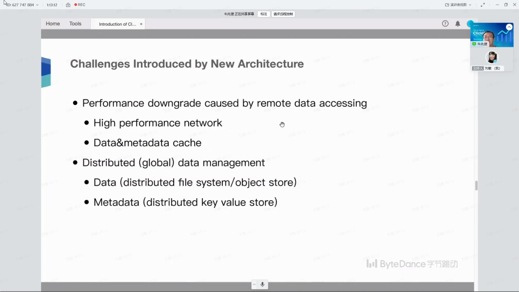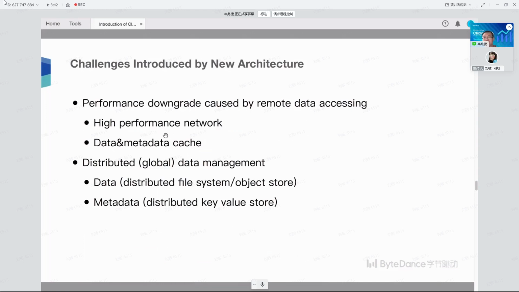And also at the beginning, I mentioned the new architecture has some disadvantages, like remote accessing has some extra performance cost. So it's one of the challenges we have met in our system. To fill this performance downgrade, we utilize the cache to fill this gap.